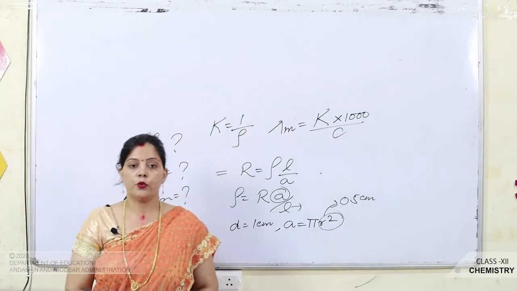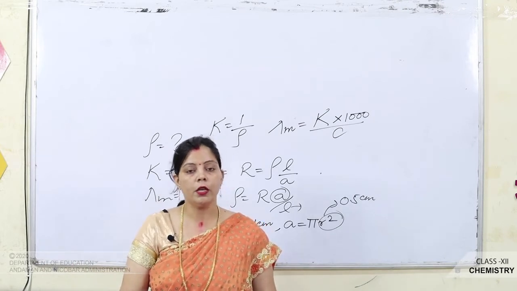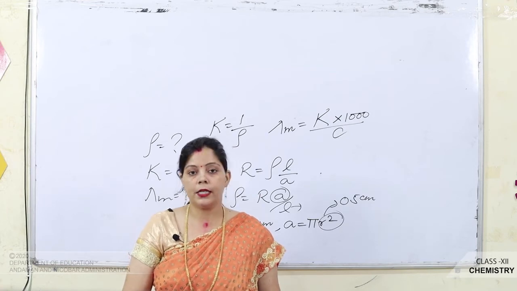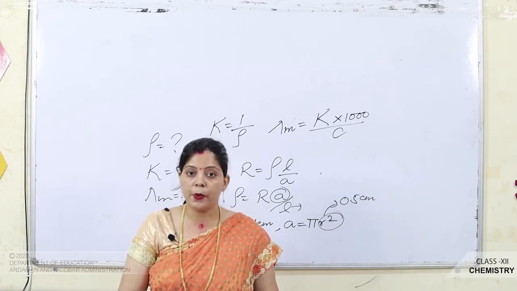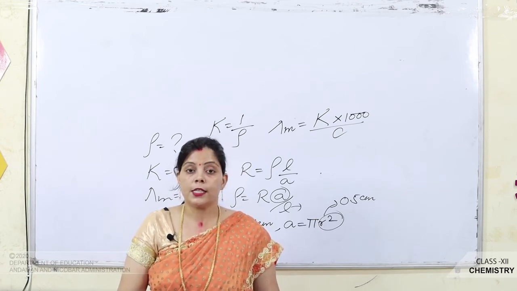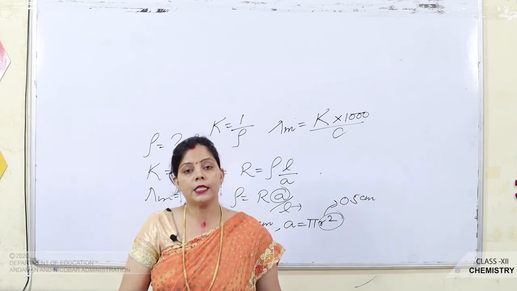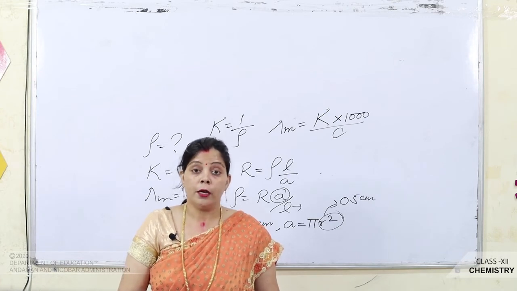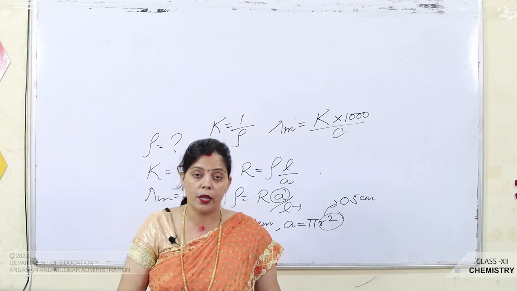So children, today we discussed the molar conductivity of the electrolytic solution, because in the case of a metallic conductor, we consider the conductivity, because the metallic conductivity depends on the temperature, whereas in the case of an electrolytic solution, the conductivity depends on temperature as well as on the concentration of the solution, so the more appropriate term in place of conductivity is molar conductivity.